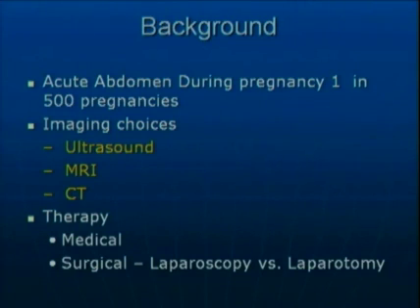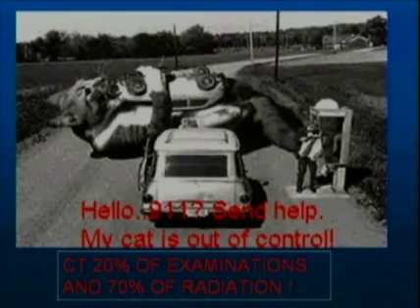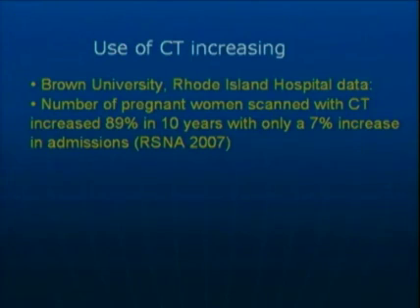But as you know, we're trying to get away from radiation, so CT is not looked upon as favorably, especially during pregnancy. We look at this slide and basically, CT's out of control, or my cat's out of control here. CT, whether it's 20% or 30% of the examinations, produces 70 to 80% of radiation dose from medical use in the United States.